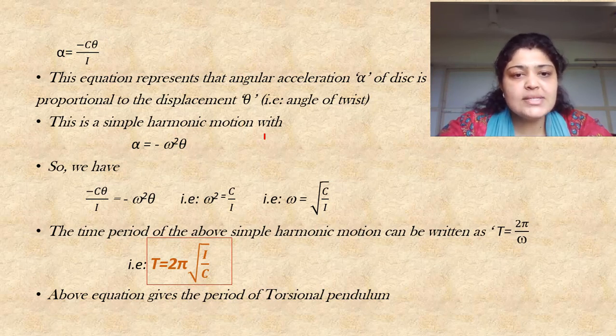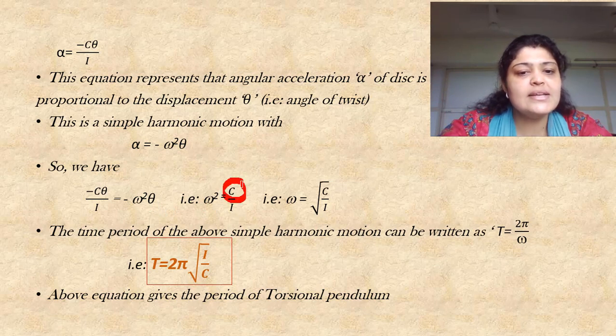So this is just a simple harmonic motion with alpha equal to minus omega square theta, where omega is the angular velocity. I compare this equation and this equation, so I get minus c theta upon I is equal to minus omega square theta. So we get omega square is equal to c upon I.